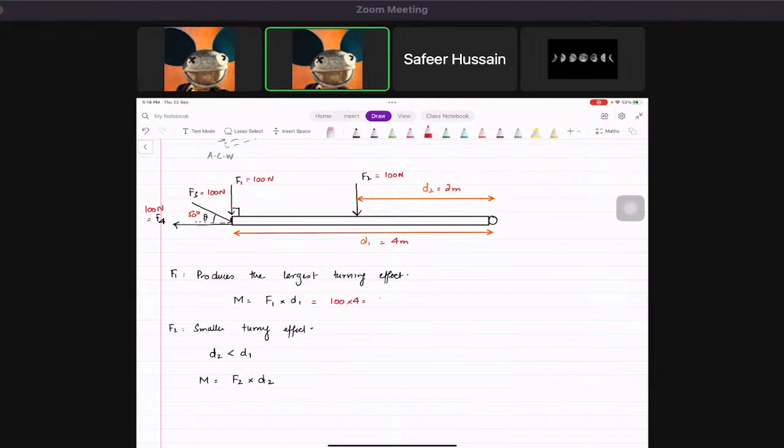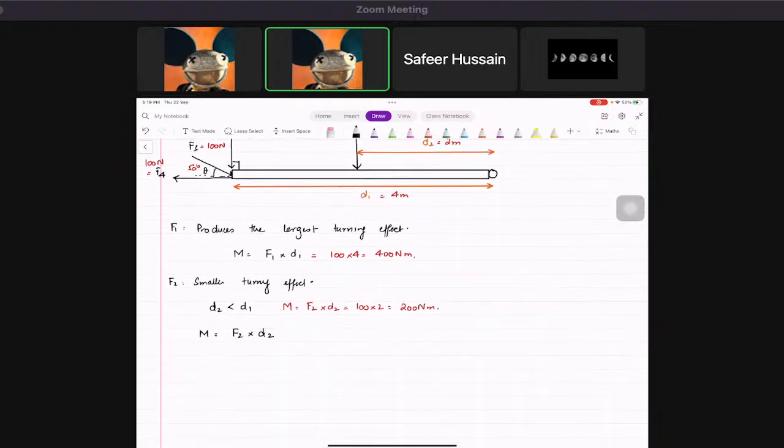So it gives me a 400 Newton meter turning effect. Now in this one, F2 times d2, so it's going to be 100 times 2, so it gives you a smaller moment than before.